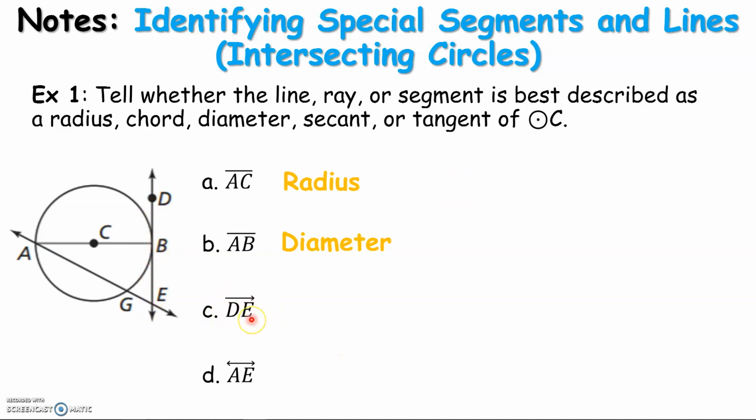Thus, ray DE must be a tangent of the circle. Last but not least, line AE. Line AE goes through the circle, and it looks like it touches the circle at points A and G, thus must be defined as a secant to the circle.